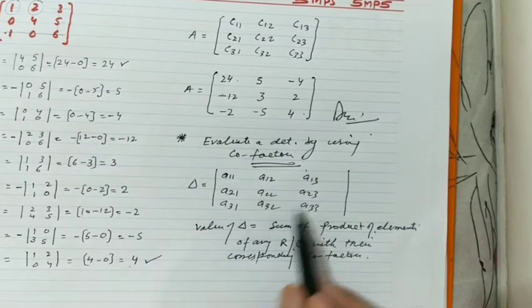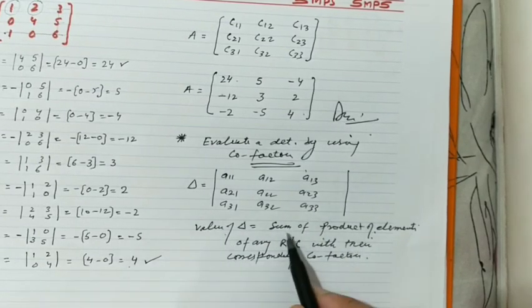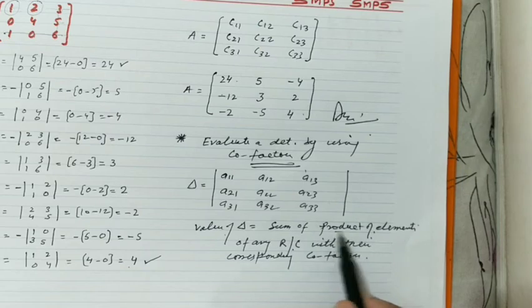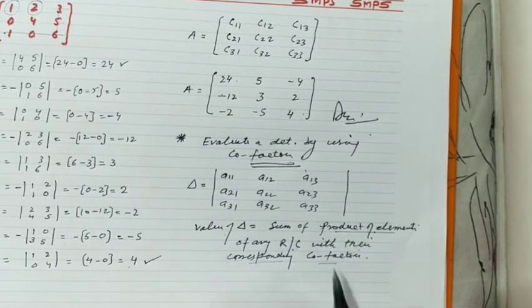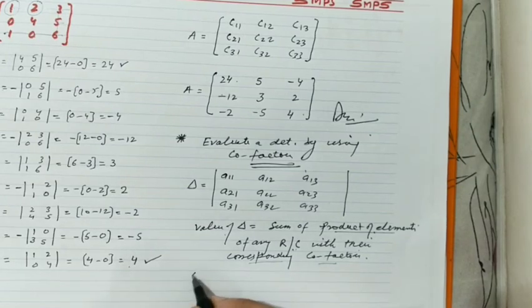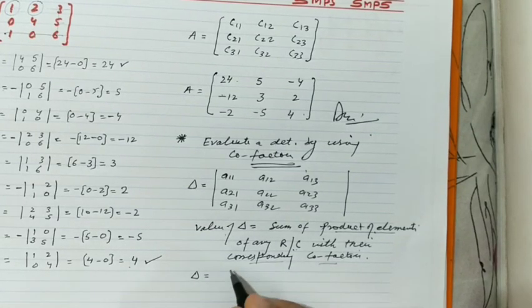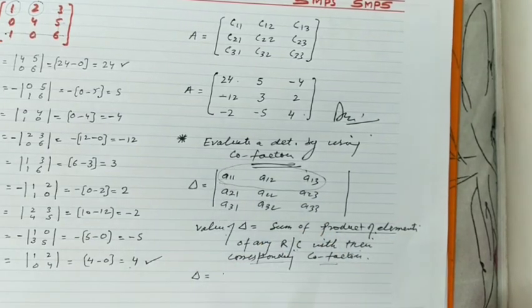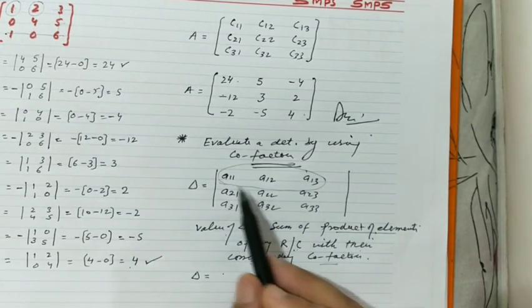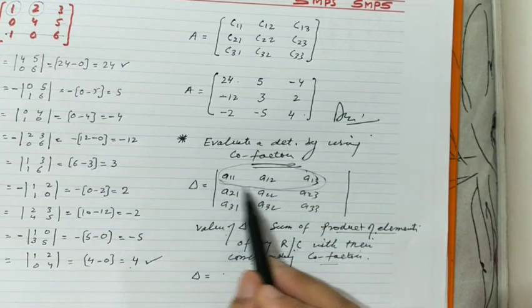We can find the value of a determinant if we add the products of elements of any row or column with their corresponding cofactors. Mathematically, let us suppose that we want to evaluate this determinant along R1.